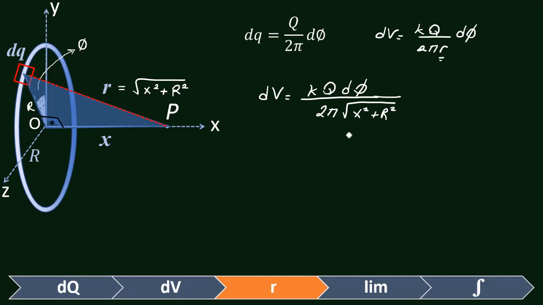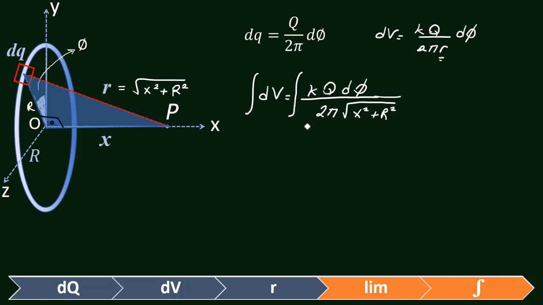Beautiful. Now that we have a dV defined, we can move on to the last two steps of defining the limits and integrating. How do we define the limits? We have an integration over the variable phi, and we have to determine our limits looking at the angle phi. We have to be scanning all of our charge at this point.